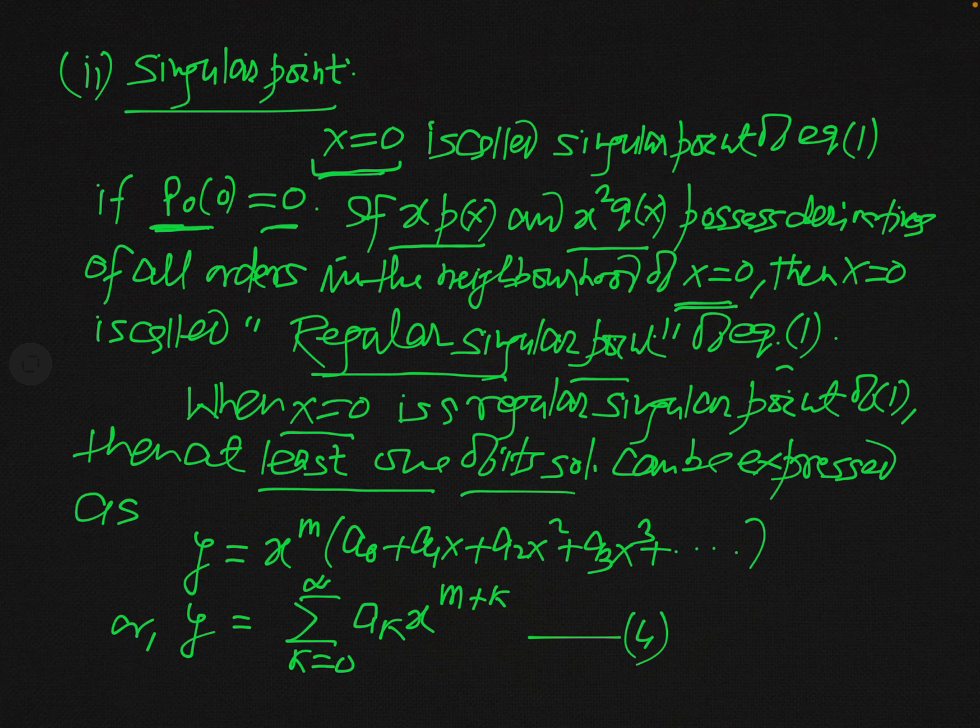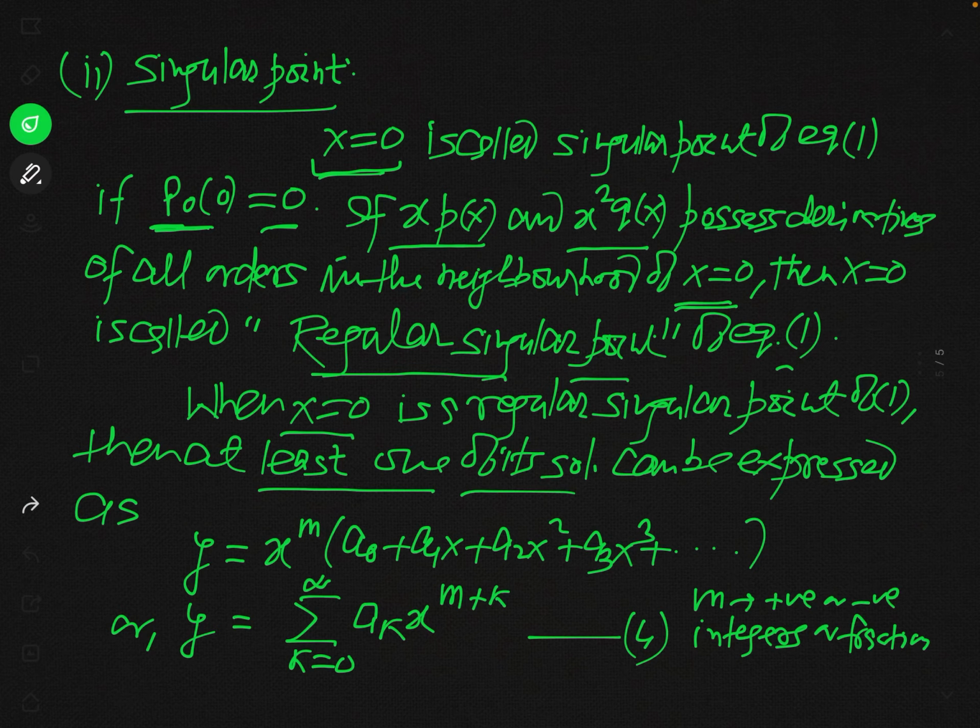In fact, here m is a number which may be positive, it may be negative, integer, or even fractional. So m is either positive or negative integers, or you may say fractions. It means m may possess a fractional value too.